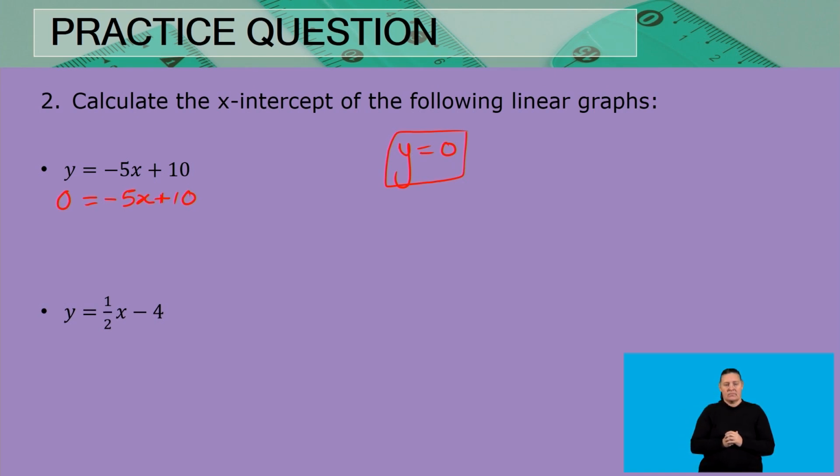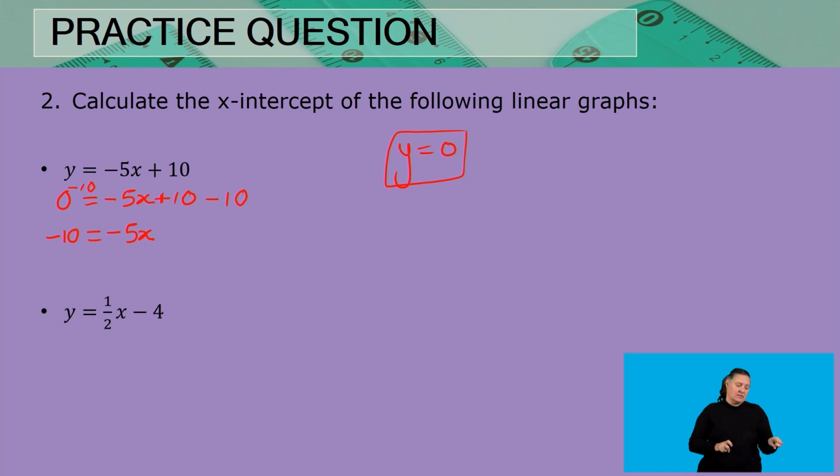Now we need to solve for x. Firstly, we are going to use the additive inverse of a positive 10, and that, of course, is a negative 10. So we are going to subtract 10 both sides. We are left with -5x, and 0 minus 10 leaves us with -10.